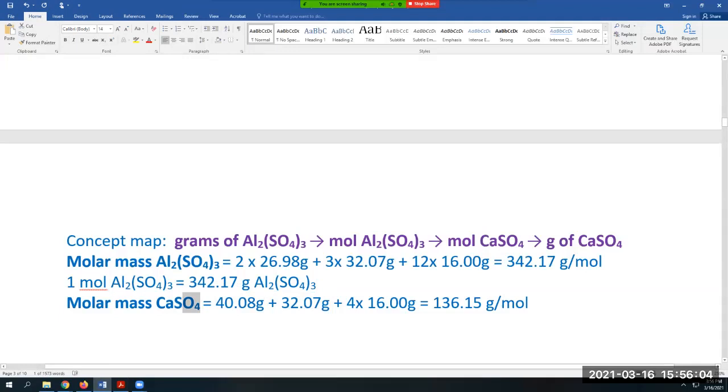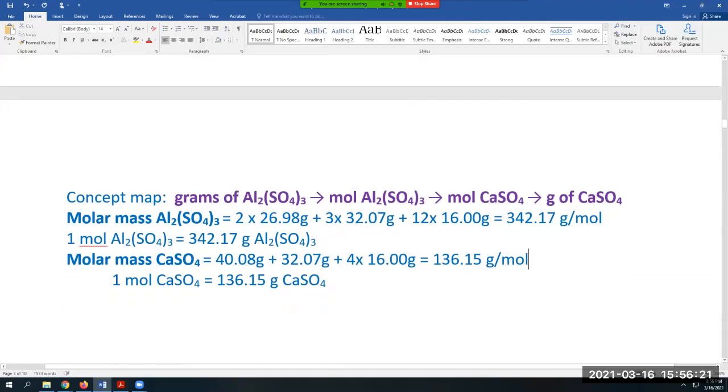And then 4 times the molar mass of oxygen, so 4 times 16 grams per mole. You add all of this up and it's 136.15 grams per mole of calcium sulfate. Written as an equality, or mathematically, it's 1 mole of calcium sulfate equals 136.15 grams of calcium sulfate. So we have our 2 molar masses.